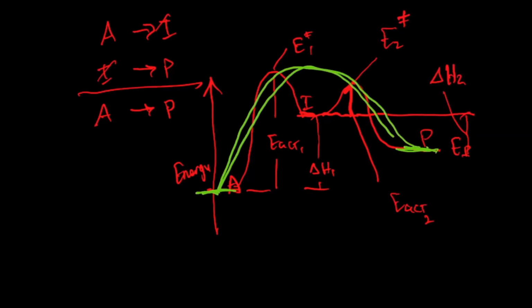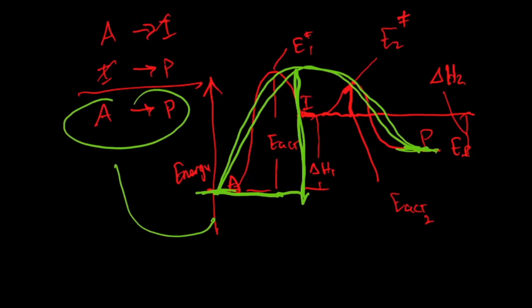If you're looking at the overall reaction, no matter how many steps you have, the activation energy for the overall would be from where you start to the highest transition state. That would be the activation energy forward. And then this would be the energy of the product. You don't worry about the intermediate. This right here represents that green line.